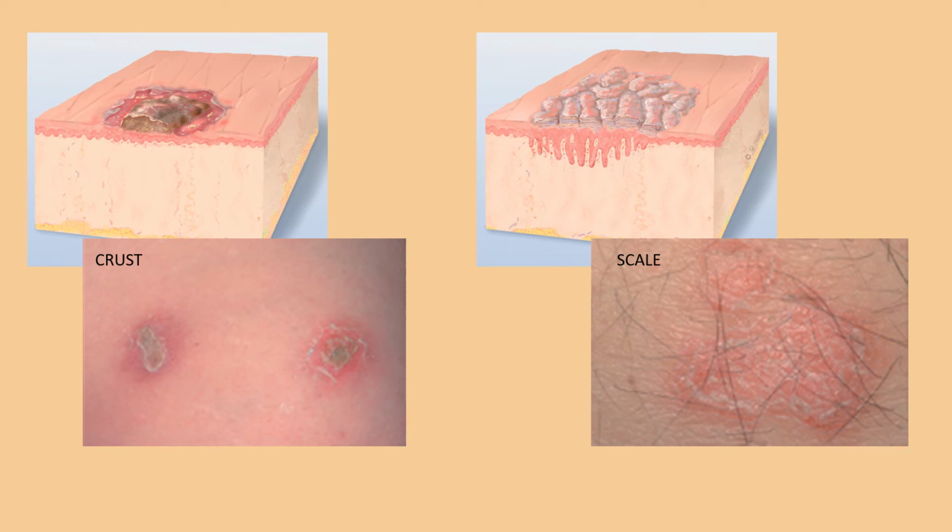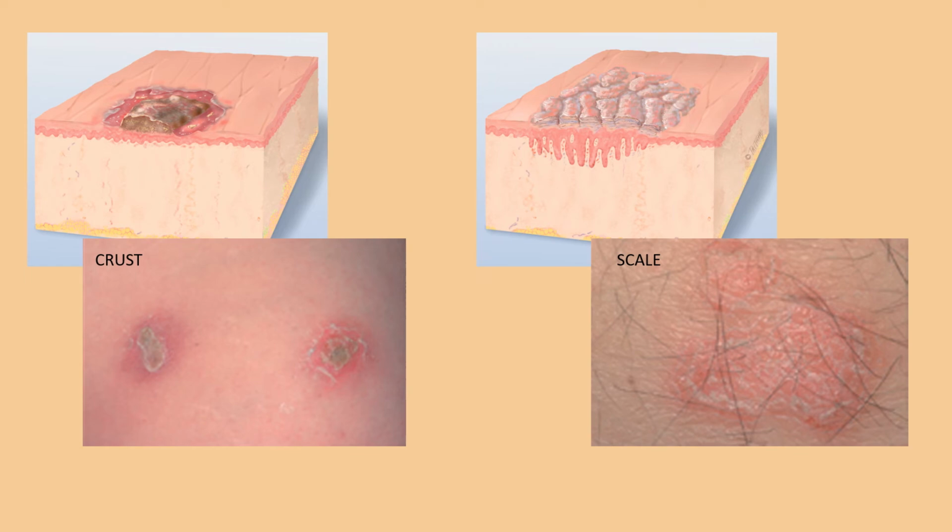Crusts are formed when the thickened, dried-out exudates are left after the vesicles or pustules burst or dry up. Color can be red-brown, honey, or yellow depending on fluid ingredients such as blood, serum, and pus, an example of which is impetigo, which has dry, honey-colored crusts.